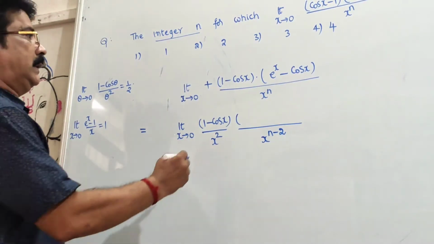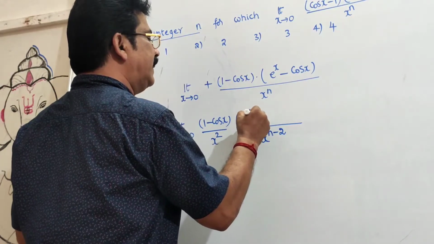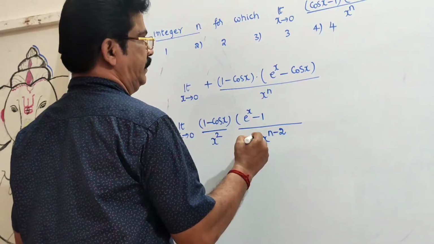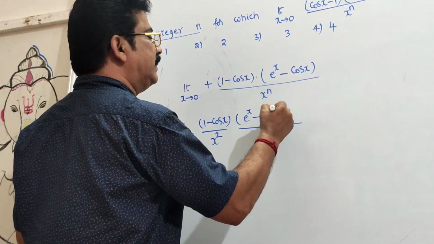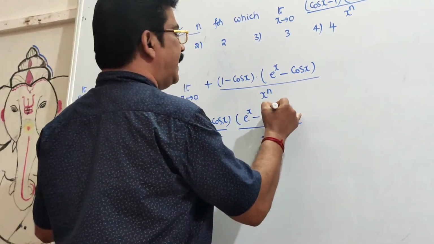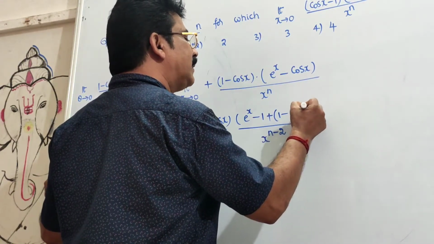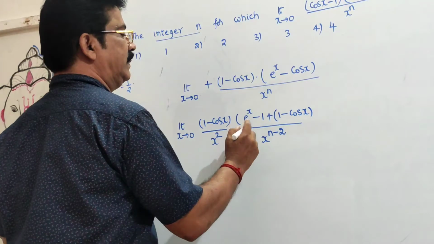Right. This one can be written as e^x minus 1, minus, or we can write plus, 1 minus cos x.